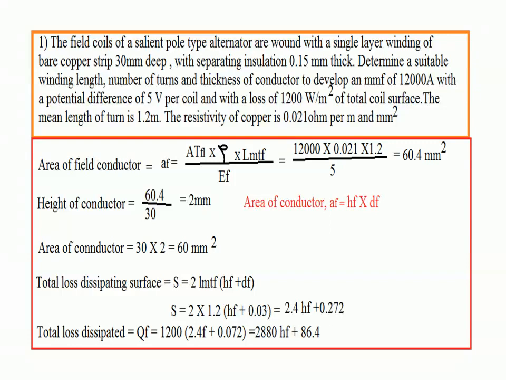Total loss dissipating surface is given by 2 times LMT into bracket HF plus DF. You substitute the value, keep HF as it is, and go to the equation. Total loss dissipated should be equal to 1200 into this S. You frame the expression.